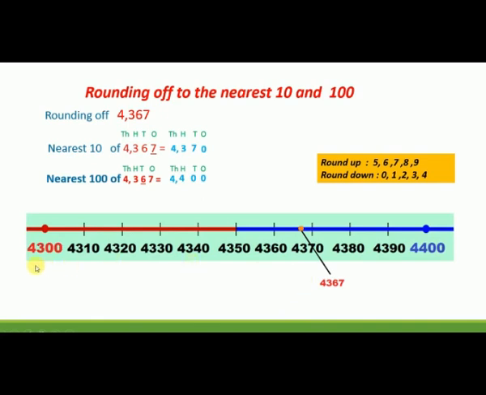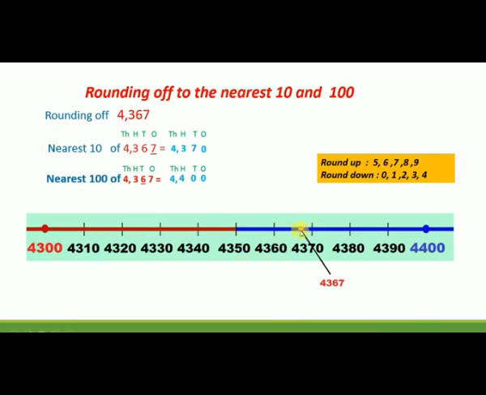So the number 4367 lies between two hundreds, that is 4300 and 4400. Let us see where the number lies on a number line.